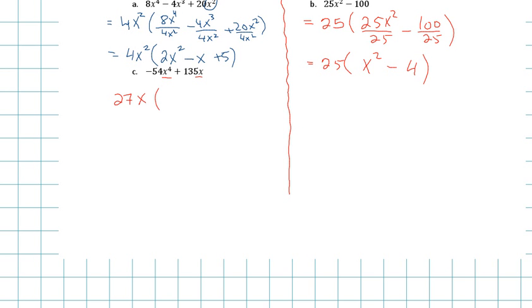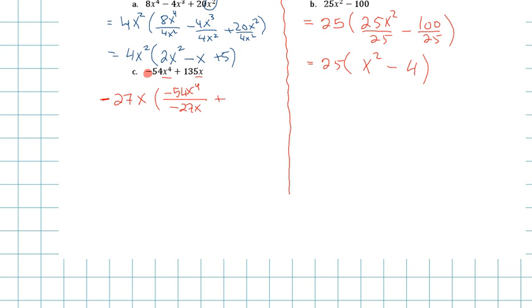So instead of just dividing by 27x, we're going to divide by negative 27x, because I have a negative right here, which belongs to the highest exponent. So I'm going to have to divide each term by negative 27x.